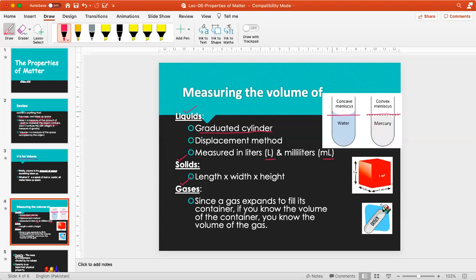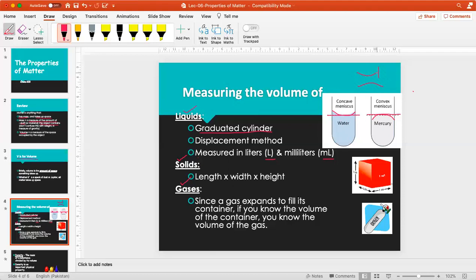Because this is the concave meniscus, and this is the convex meniscus. So remember that whenever you have a colorless liquid, you have to check the lower meniscus, okay.